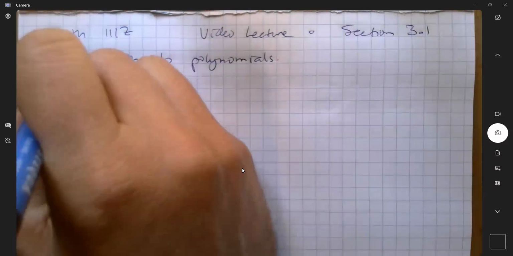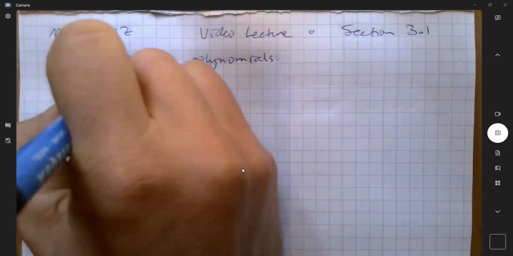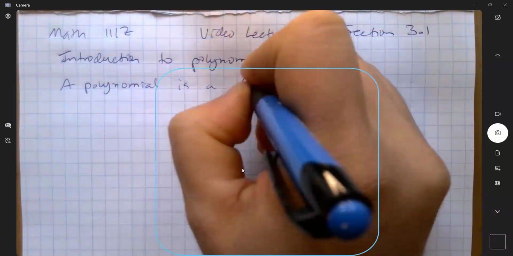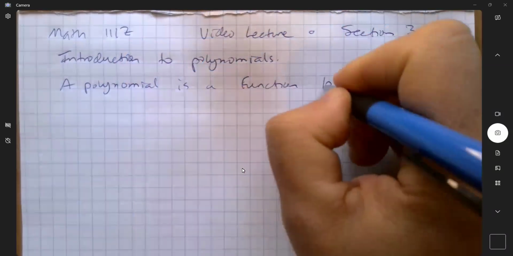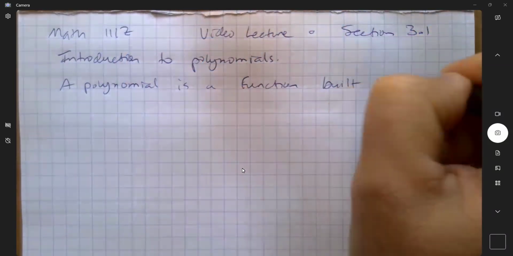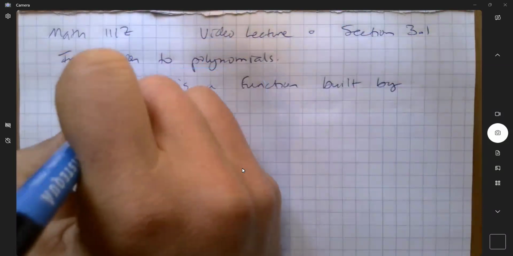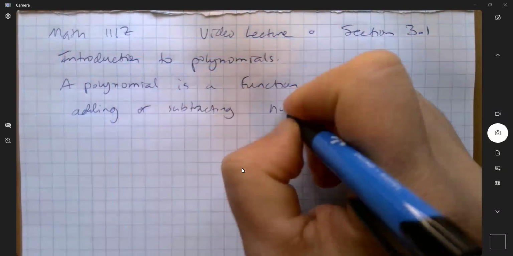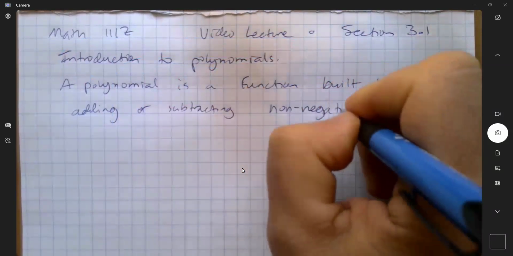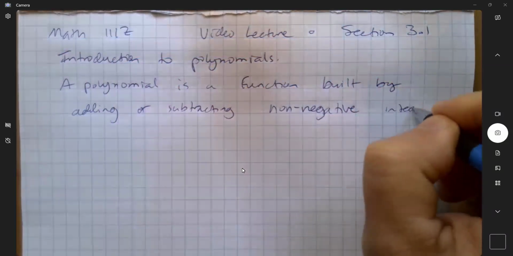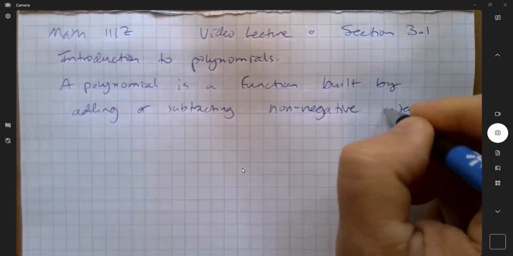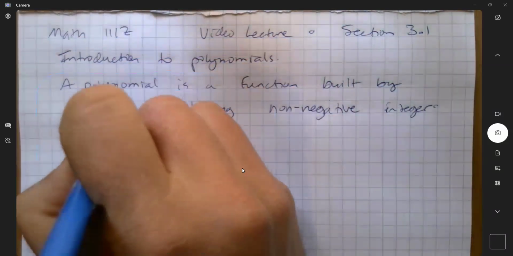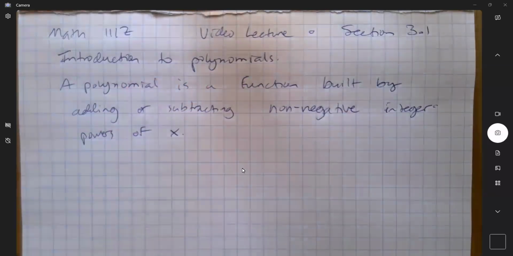So let's start with a definition of a polynomial. A polynomial is a function built by adding or subtracting non-negative, which means 0 or more, integer powers, so no decimals, no fractions, non-negative integer powers of the variable, which I'm just going to call x.